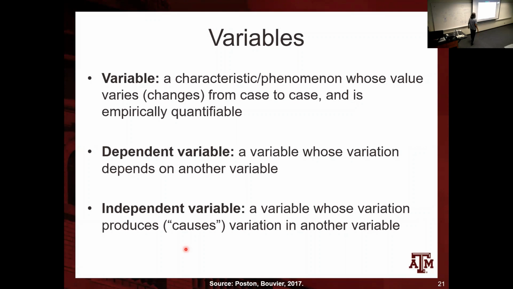An independent variable is a variable whose variation causes variation in my dependent variable. For example, income. Let's think about income as a dependent variable. What are some independent variables that we could try to collect from people that would explain their income?